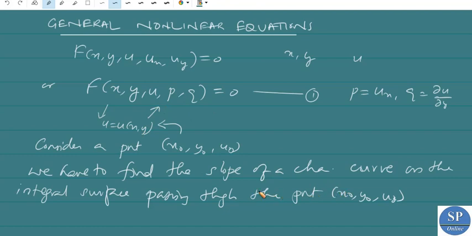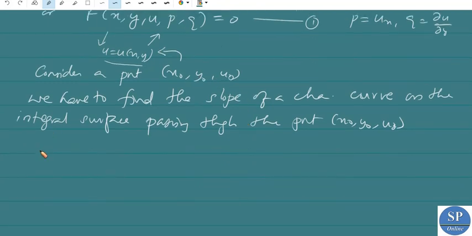Here, to find this, let us consider the tangent plane of the integral surface u = u(x, y) at the point (x0, y0, u0).